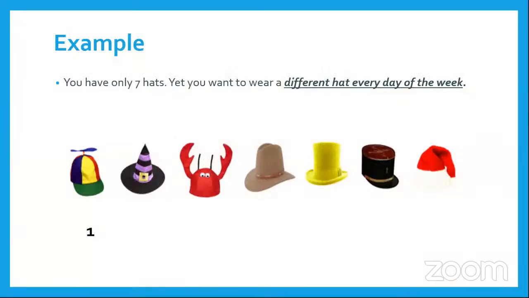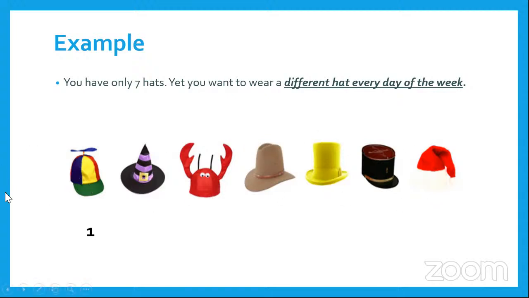So suppose we have 7 different hats and we want to wear a different hat every day of the week. On the first day, Monday, we have a choice of 7 different hats and we have selected this particular hat.